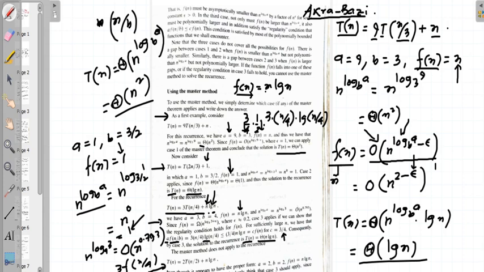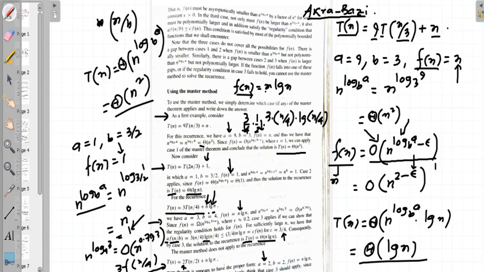Okay, so this is important because the master method does not apply to the recurrence T(n) = 2T(n/2) + n log n. Here a equals 2, b equals 2 (n by b, so n by 2), and f(n) equals n log n.